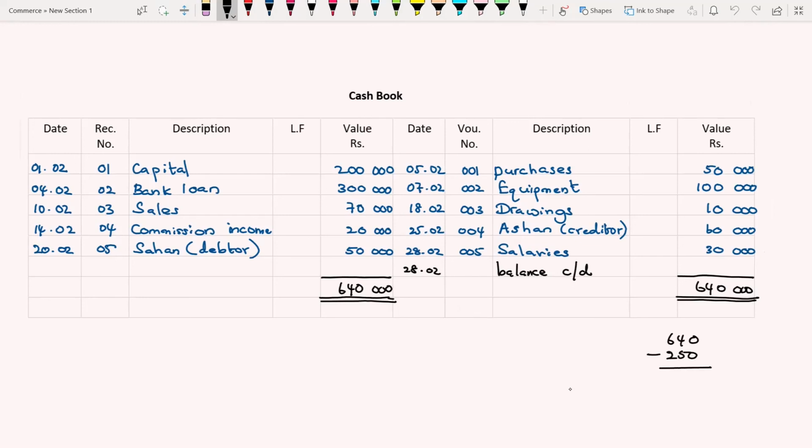So we get 390. Now this is our balance. So let's record the balance. Balance CD 390,000, and then we need to forward our balance to the next month. So it's on 1st of March. Balance brought forward, balance BF, and it's 390,000.